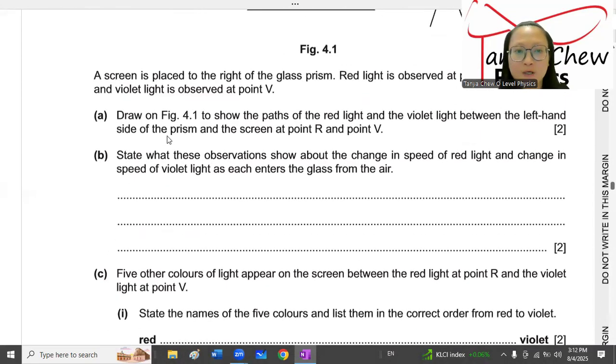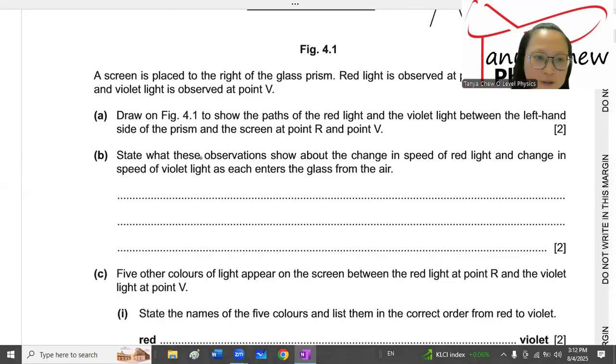Now B, state what these observations show about the change in speed of red light and change in speed of violet light as each enters the glass from the air. So this is 2 marks, so you have to discuss 2 points here.